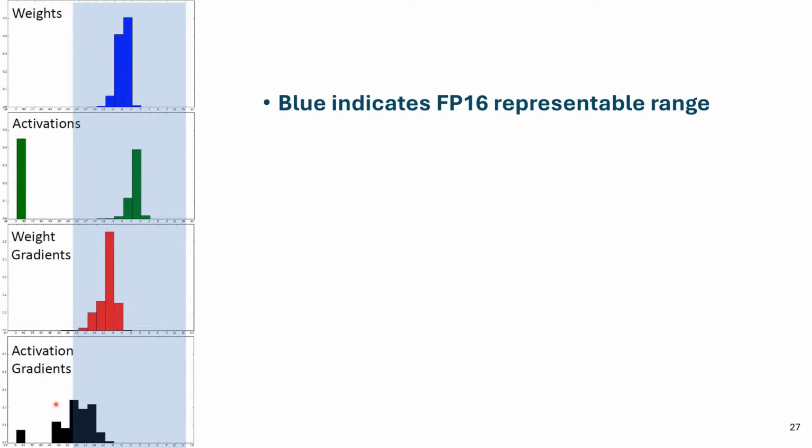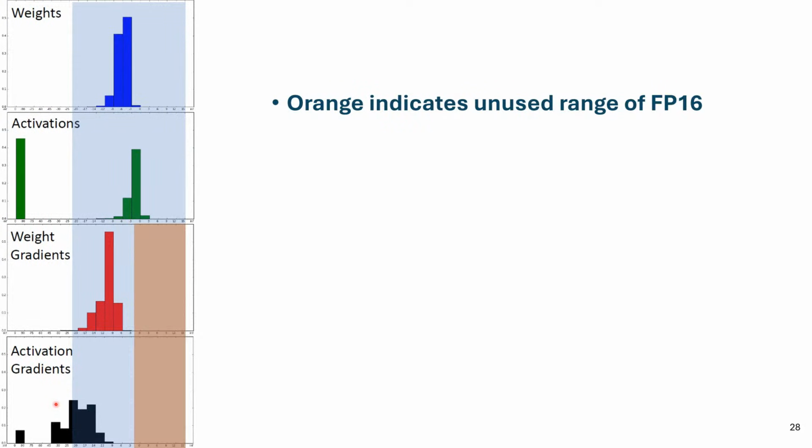Another observation is that much of the FP16 region is not being used at all. If we look at the gradients, the red and black histograms, the orange region FP16 can represent is quite a few powers of 2. It goes from, let's say, -24 all the way up to 2^15. So lots of power-of-2 bins are not used at all by the gradients; they're wasted.